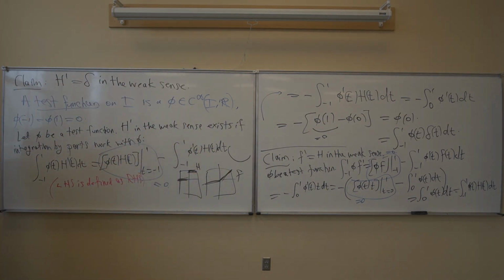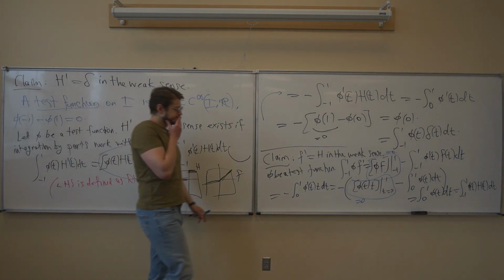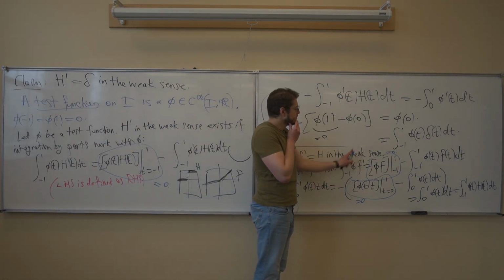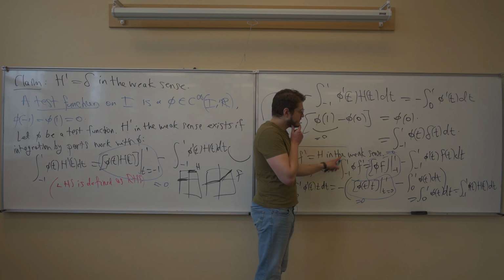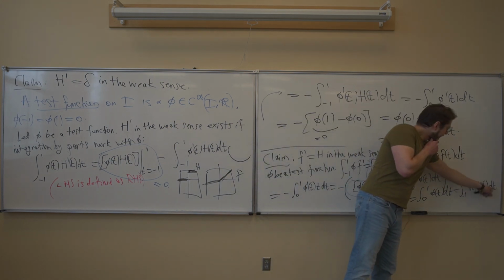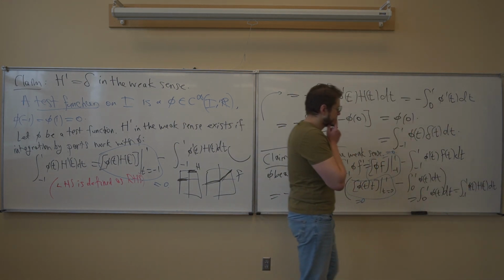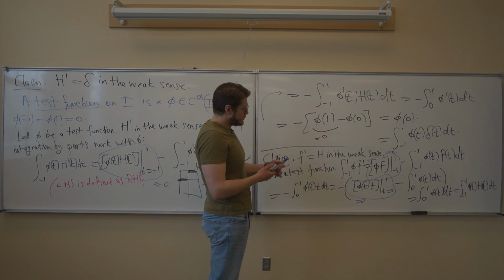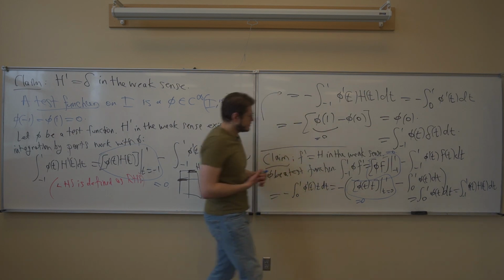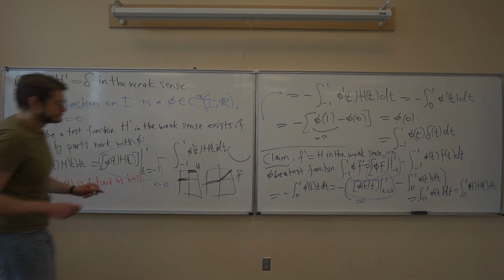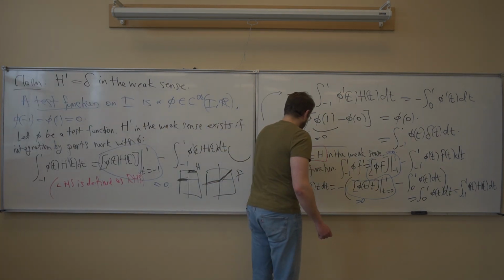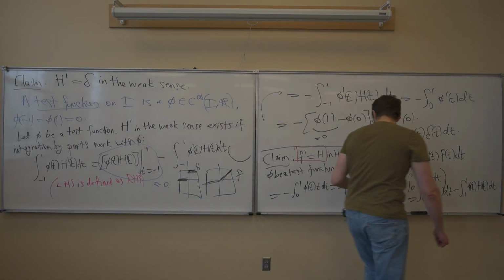It's not in general going to be a function like we discussed before, but in any event, insofar as this derivative exists, for any phi, this integral has to be the same thing as this. That is what it means for f prime in the weak sense to be equal to h. In the weak sense.